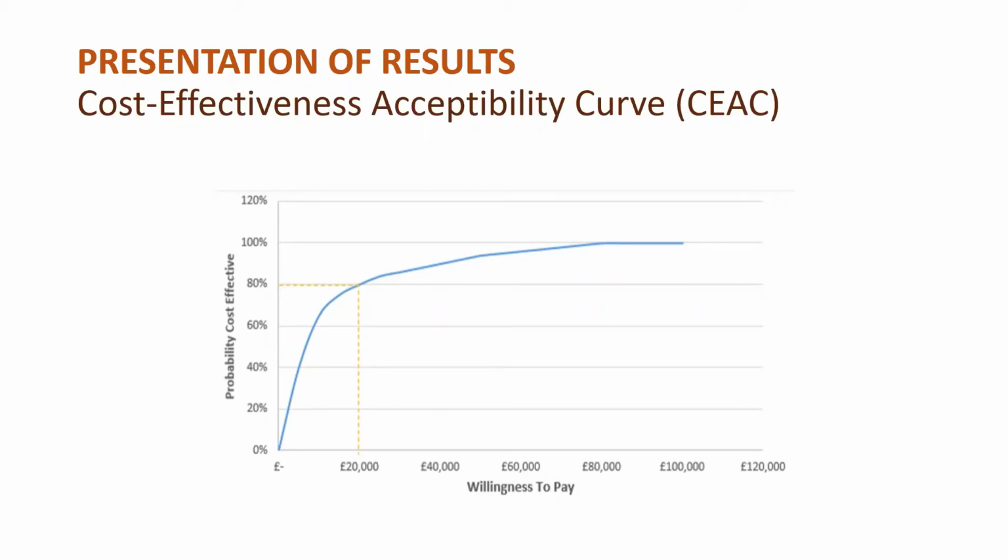So, as you can see from this graph, the probability of the intervention being cost effective at 20,000 pounds, which is the threshold in the UK, is 80%, which means that maybe the HTA agency in the UK will adopt this product, because there is a high probability that it will be cost effective at their threshold.